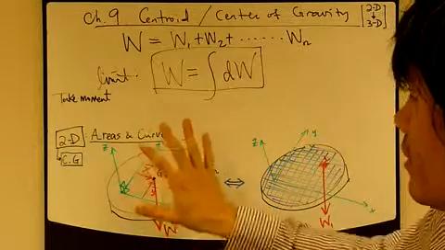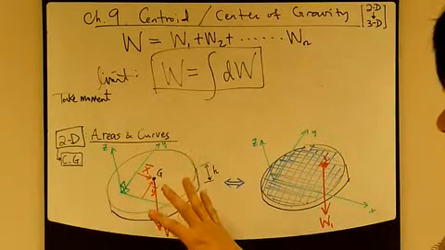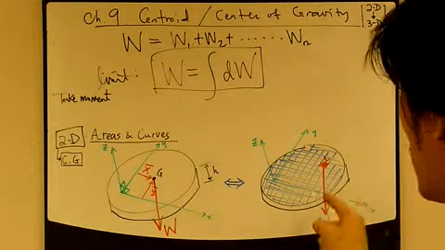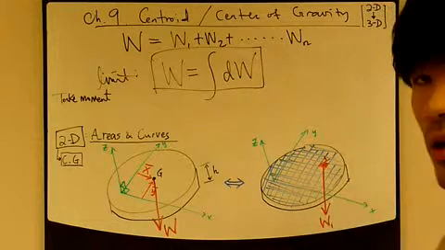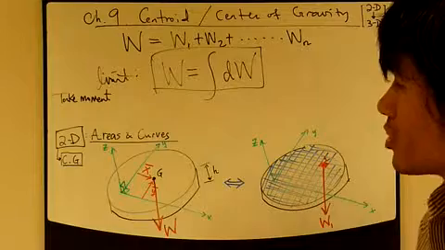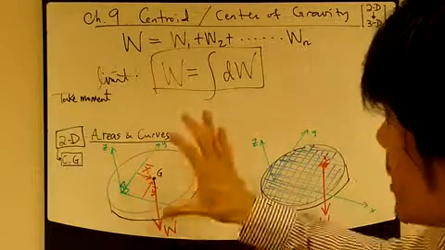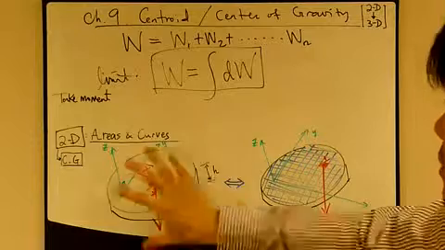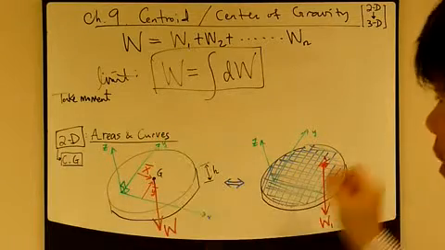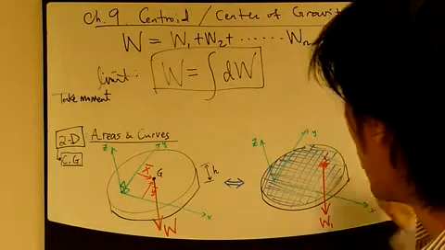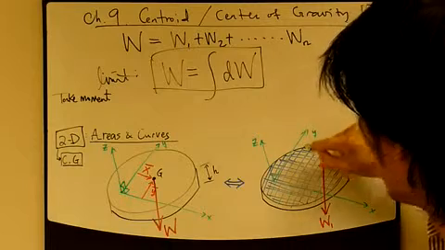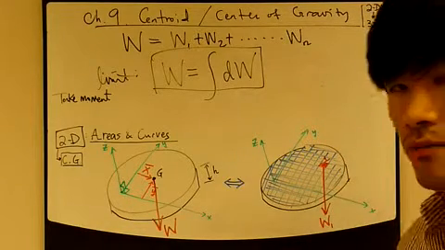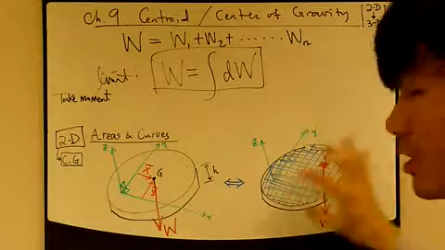The moment of this picture on the left has to be exactly the same as the moment of this picture right here. So the moment of this whole piece, having a weight of W, about x-axis, has to be the same as the moment of each individual piece about x-axis as well. That is the sum of all the moments.